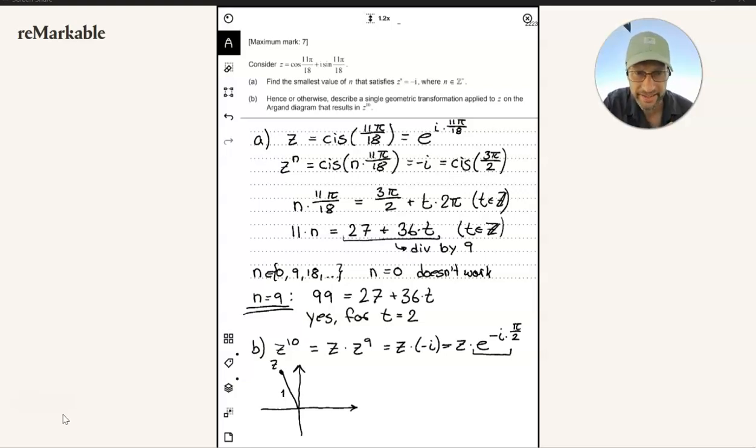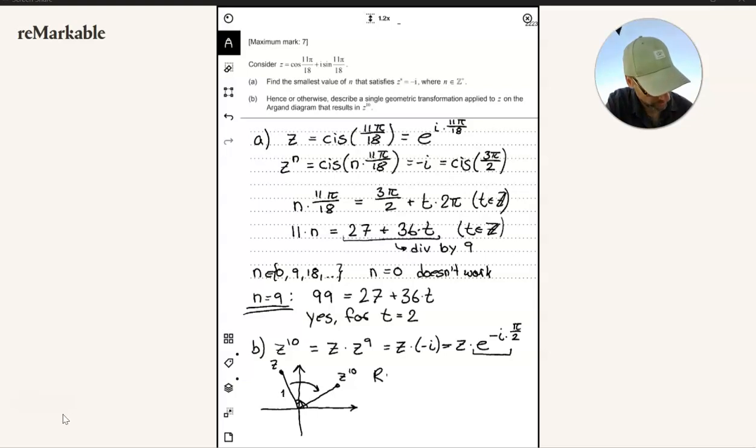So we are adding minus pi over 2 to the angle, which means that we're subtracting 90 degrees from this angle. So when we calculate set to the 10, it's the same as taking set in the two-dimensional plane and rotating it around the origin by an angle of 90 degrees clockwise.